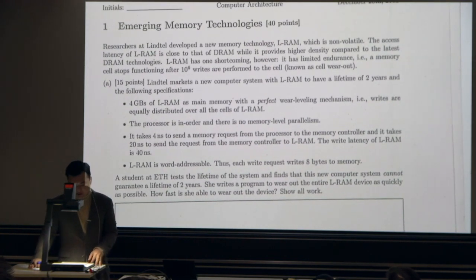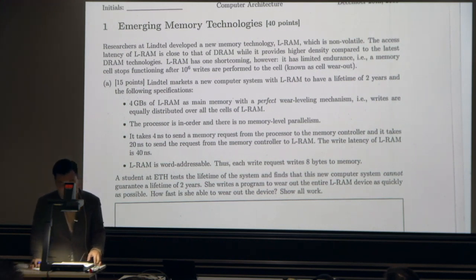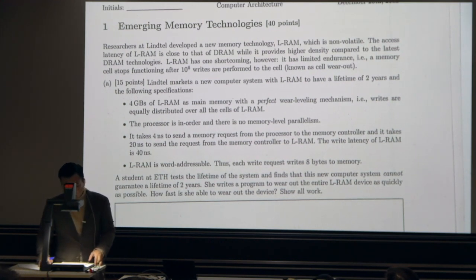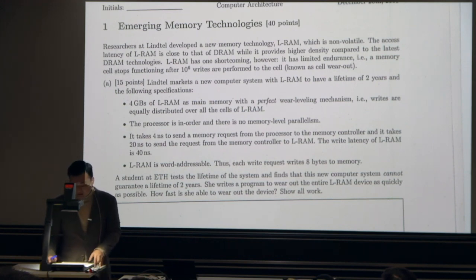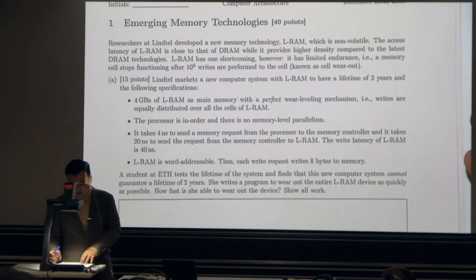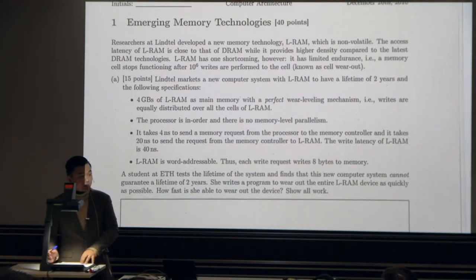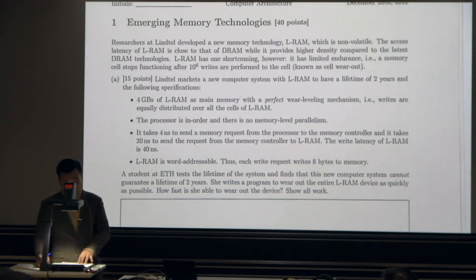The access latency of LM is close to that of DRAM, while it provides higher density compared to the latest DRAM technology. LM has one shortcoming, however: it has limited endurance, i.e., a memory cell stops functioning after a million writes are performed to the cell. So it means that a memory cell cannot store reliably the requested data.